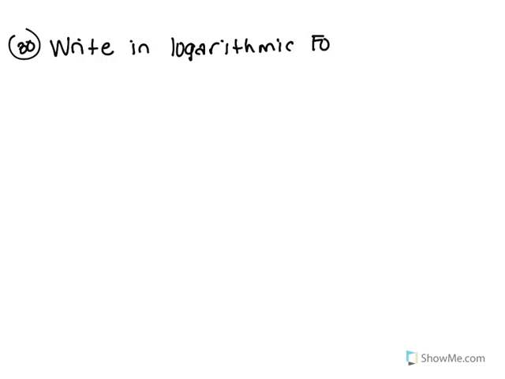Okay, 30 says write in logarithmic form. So this is not something for you to solve. They want you to take this exponential form and write it in logarithmic form.